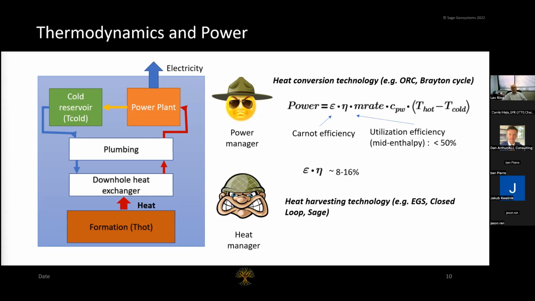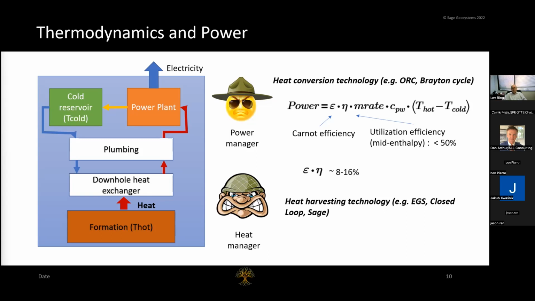So the point is that usually, if you are in the mid-enthalpy space, which is from, let's say, 150 C, which is the minimum to be economic, to 250 C, which is probably the limit where we can reliably drill directionally today, maybe even less, then you are in like 8 to 20% efficiency, and everything is given, as I said.